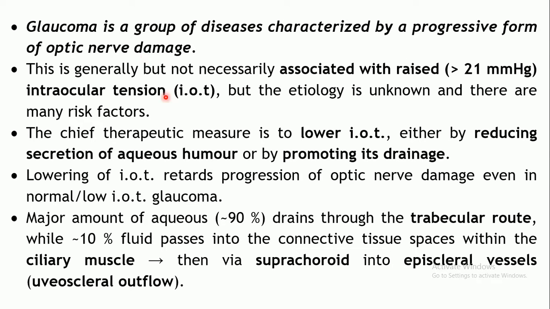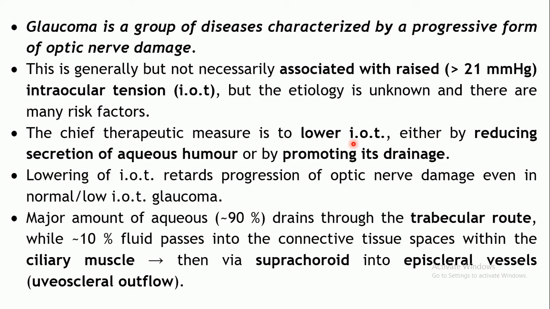In most of the cases, the pathophysiology involves an increase in the intraocular tension above 21 mmHg. So the main therapeutic measure here is to lower the intraocular tension which is raised, or even if it is normal, sometimes decreasing the intraocular tension will help.